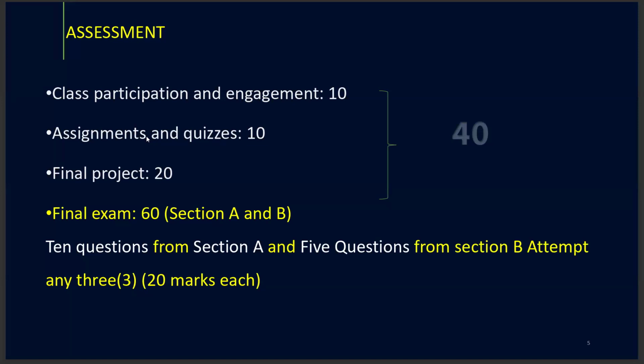Section A will be compulsory, where you take all 10 questions. Section B gives you an option of picking from any number of your choice. There will be 5 questions, but you will answer 3 questions, and in that way it will give you 20 marks each. So that is the assessment.